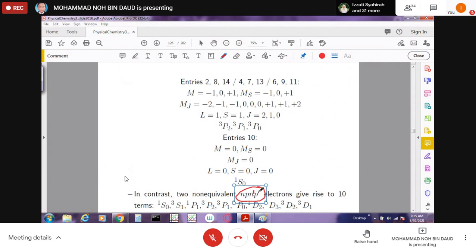You can have the same m for this electron, because we have a different n, which in this case is the n quantum number, n prime.